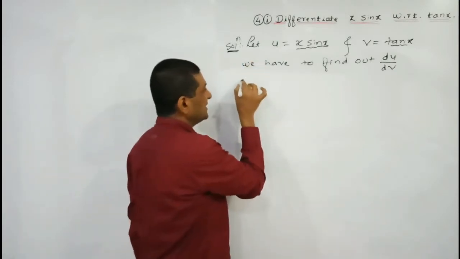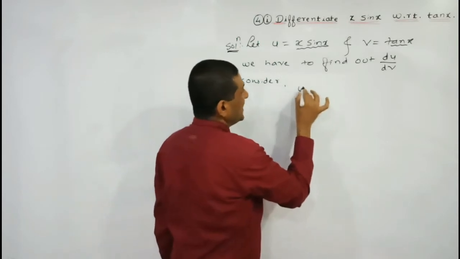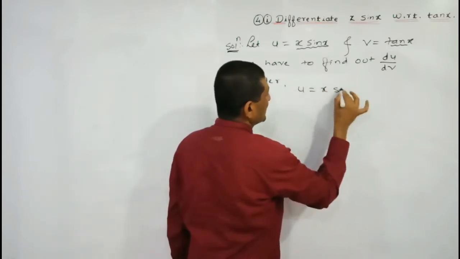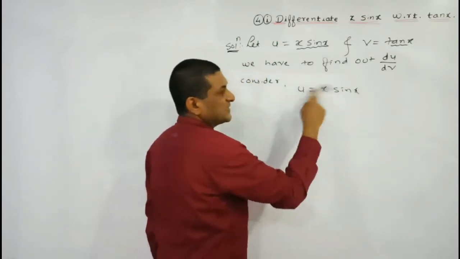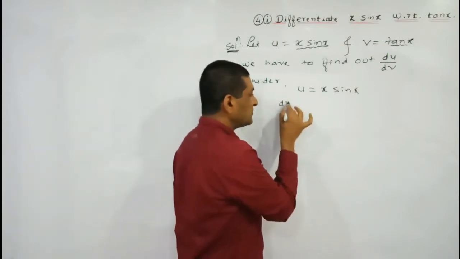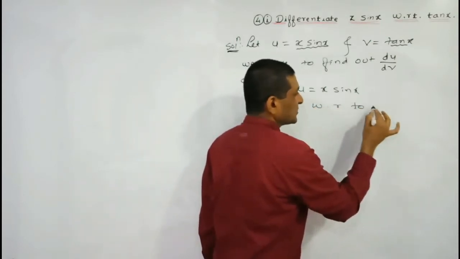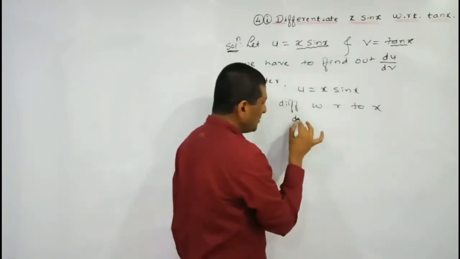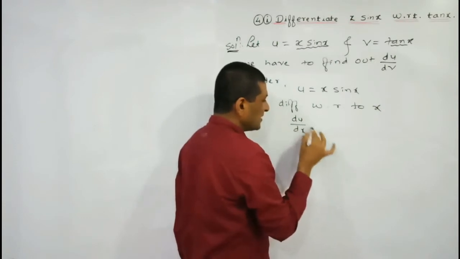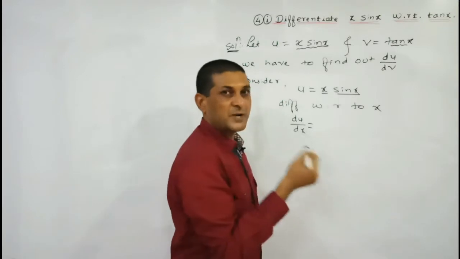So first consider u. Consider u is equal to x sine x. Now the value of u is in terms of x, means here x is the parameter. So differentiate it with respect to x. The derivative of u with respect to x is denoted by du upon dx. To find the differentiation, we have to apply the product rule.